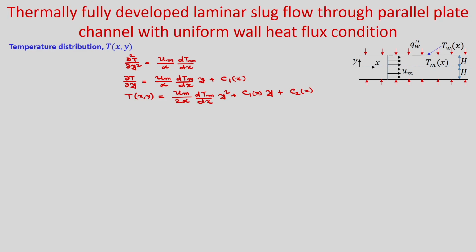So, now let us discuss the boundary conditions. At the central line you have a finite temperature. In this particular case, about the central line you have geometrical symmetry, because both walls are at distance h from the central line.